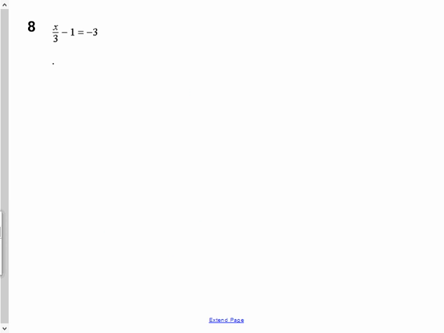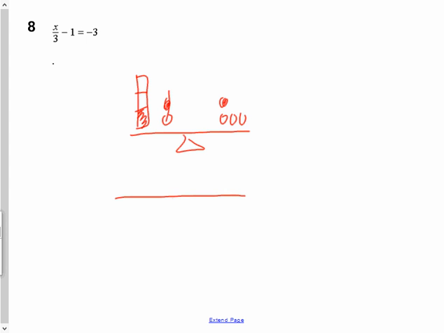In your second question, a third of x minus 1 equals negative 3. So here we wanted to draw a third of x minus 1 equals negative 3. Now, if you did this in your first picture, that's okay, but you add 1 to both sides to get rid of your constant. Now, right here, I wanted you to draw a third of x is equal to negative 2.